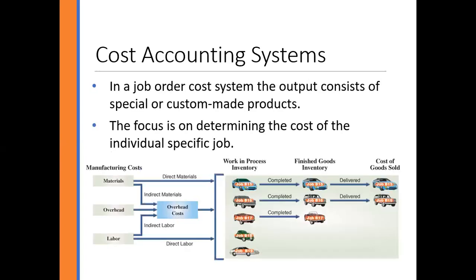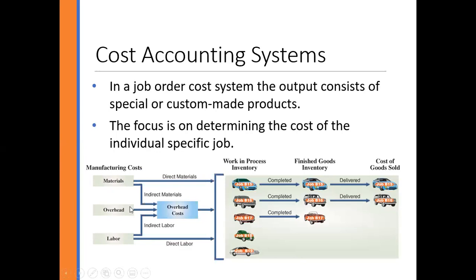All right, so this shows you the cost flow in a job order cost system. Again, these are our three main manufacturing costs: materials, overhead, and labor.